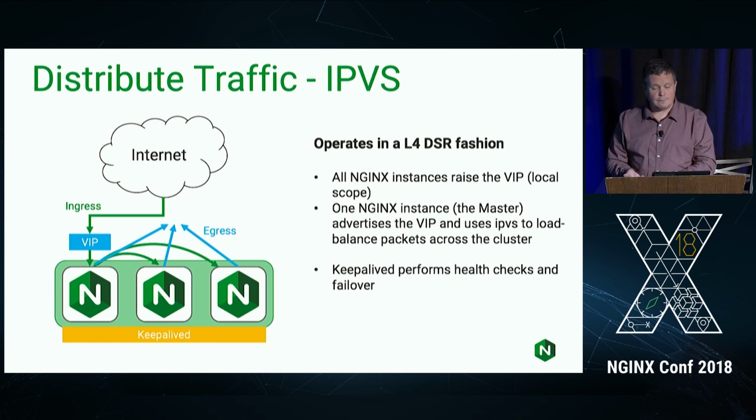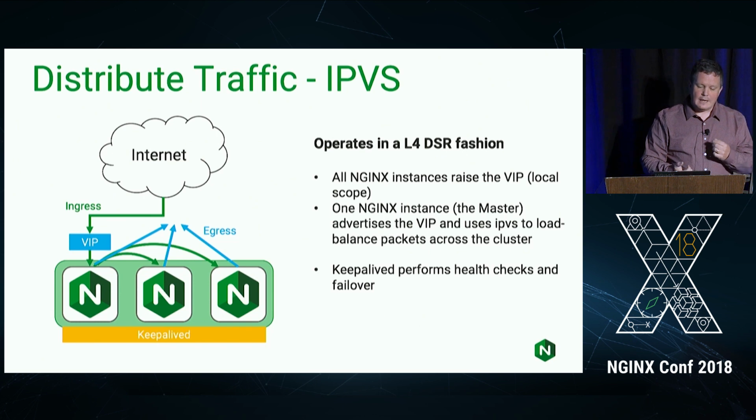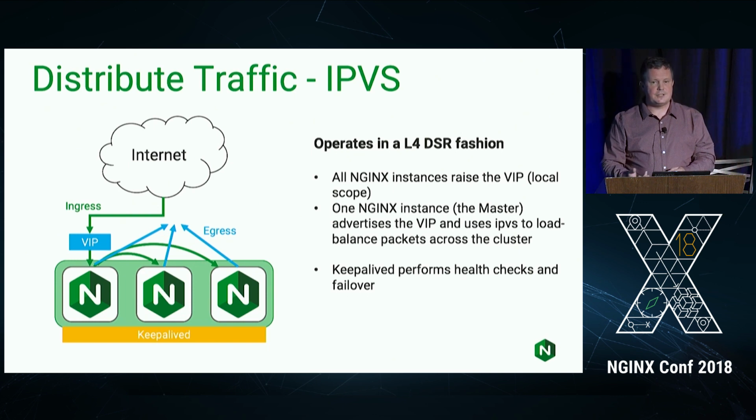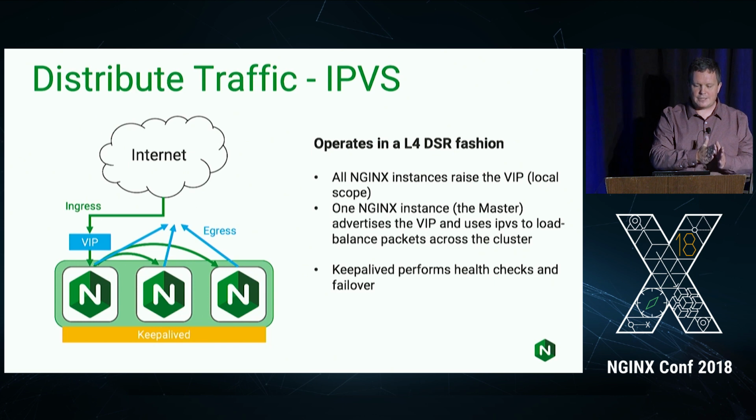IPVS, IP Virtual Server, operates in what's described as direct server return fashion, or triangulation. Each of the NGINX instances are manually configured to raise the virtual IP in local scope, so they don't advertise it. One of the instances then advertises it as the master, and it's configured with IPVS rules so that all the traffic comes into the master instance, and it forwards the ingress traffic, load balancing across the remaining itself and the other instances in the cluster.